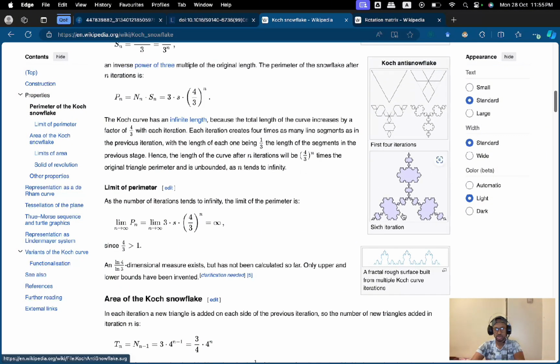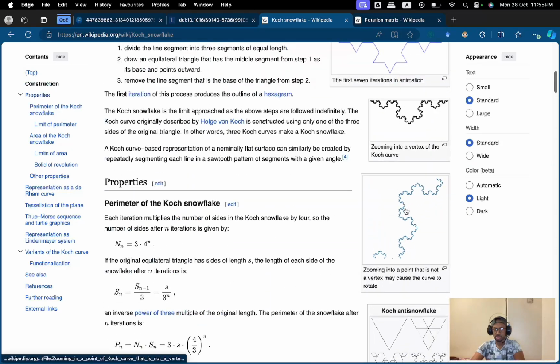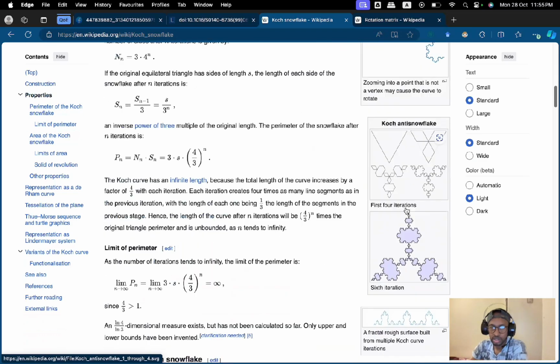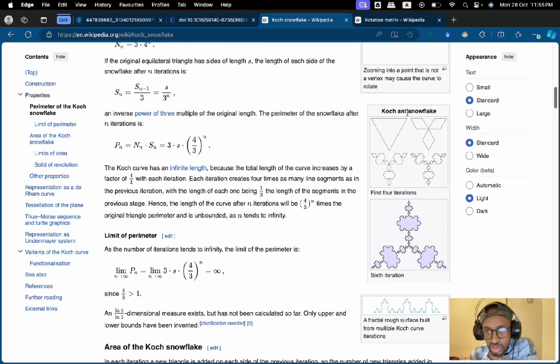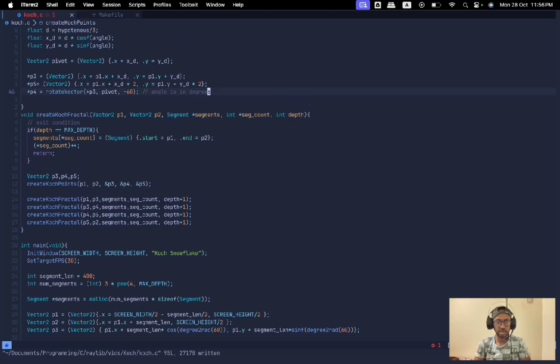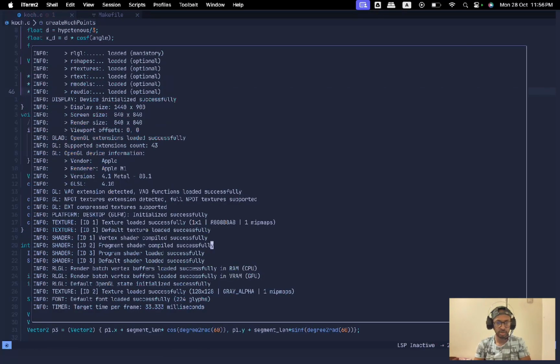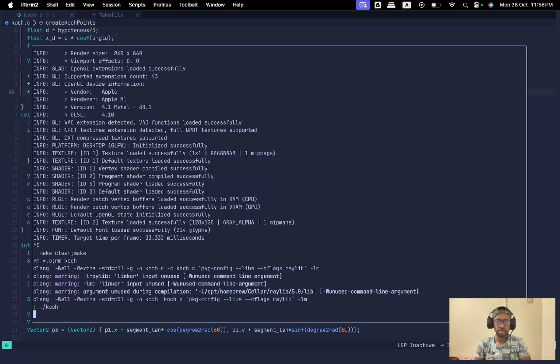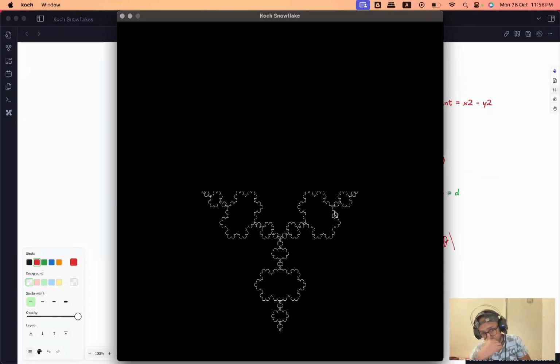of the Koch fractal. It's called the Koch antifractal, the anti-snowflake. The fascinating thing about these Koch snowflakes is that when we change the angle of rotation, we get the anti-snowflakes.